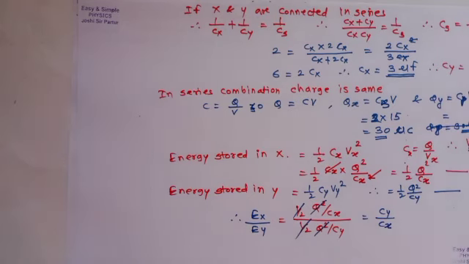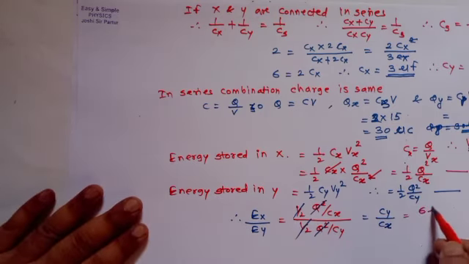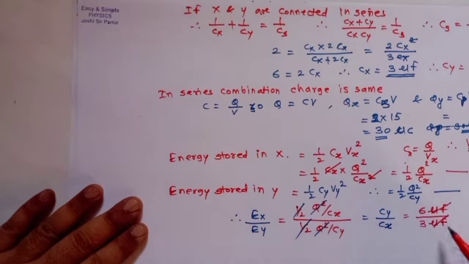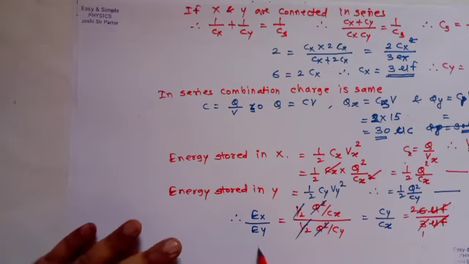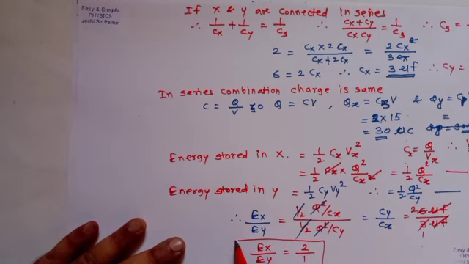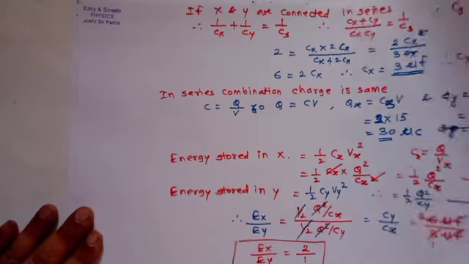If we substitute the value, Cy is 6 microfarad upon 3 microfarad. Microfarad gets cancelled, 3 ones are 3, 3 twos are 6, and therefore the ratio of energy will be 2:1. That is the answer for the given question.